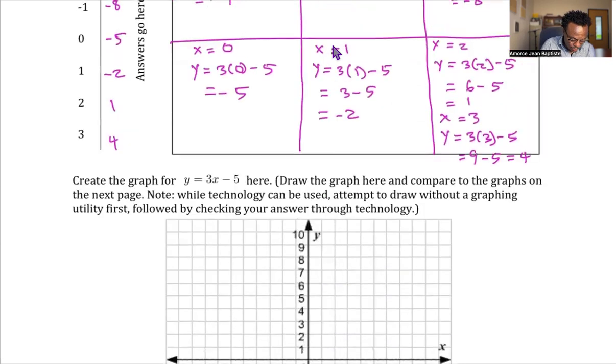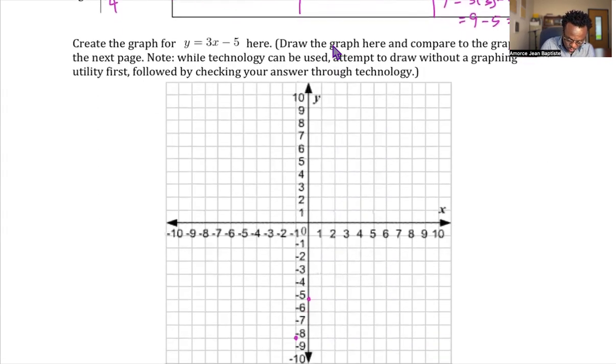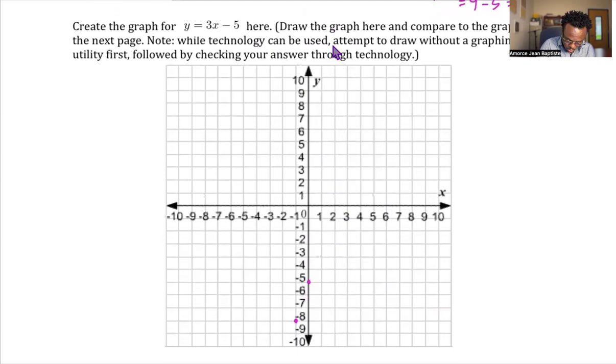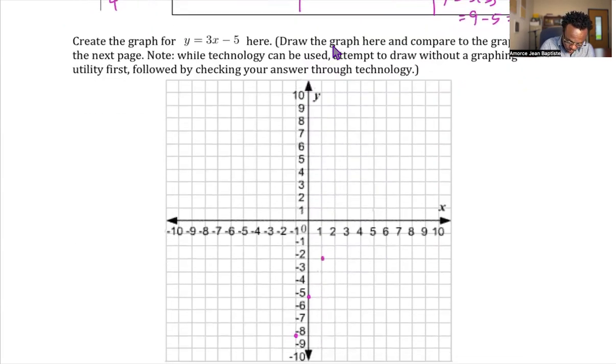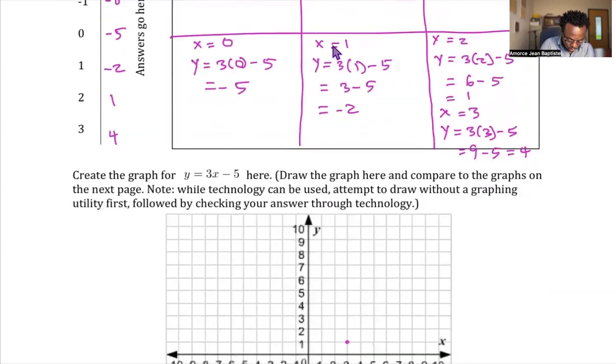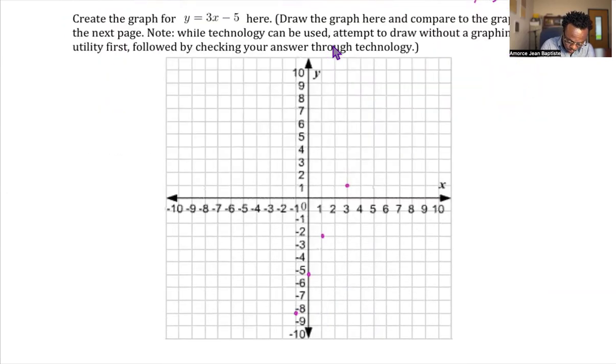We have 1, -2. We have 2, 1, and then 3, 4.